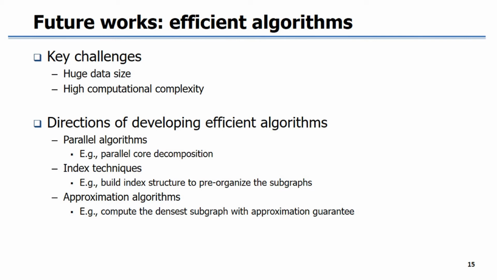To develop efficient algorithms, there are several potential research directions, such as to develop parallel algorithms to improve the efficiency, to develop index techniques to pre-organize the result subgraphs, and to develop approximate algorithms with approximation guarantees.